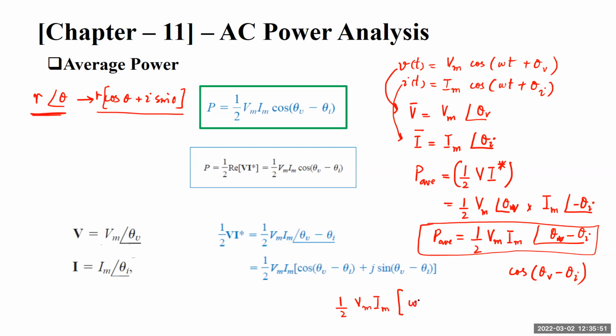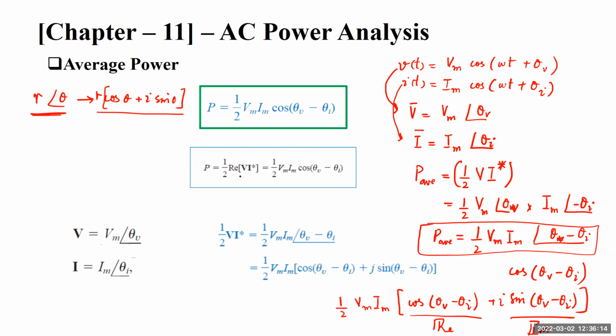So this will be cos of theta v minus theta I plus j sine of theta v minus theta I. In our average power, we have seen that we only get the cosine part. So cosine is the real term, and sine is the imaginary term.